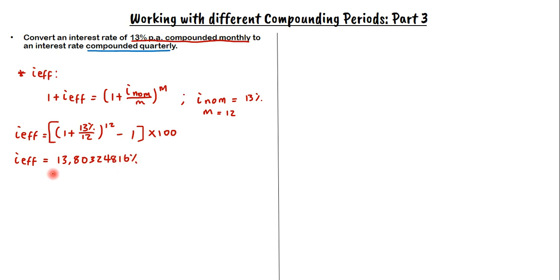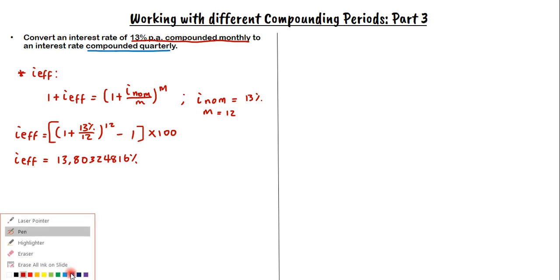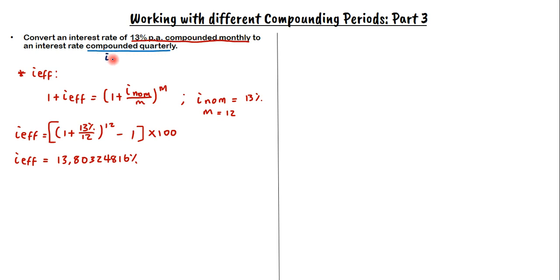Then from here, I will take this effective interest, because it is the same in both compounds. So I'm going to write here that a compound that is quarterly, and also a compound that is monthly, is the same thing.